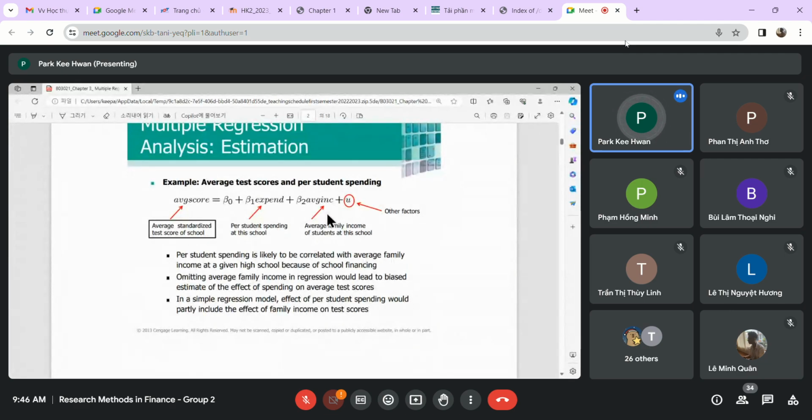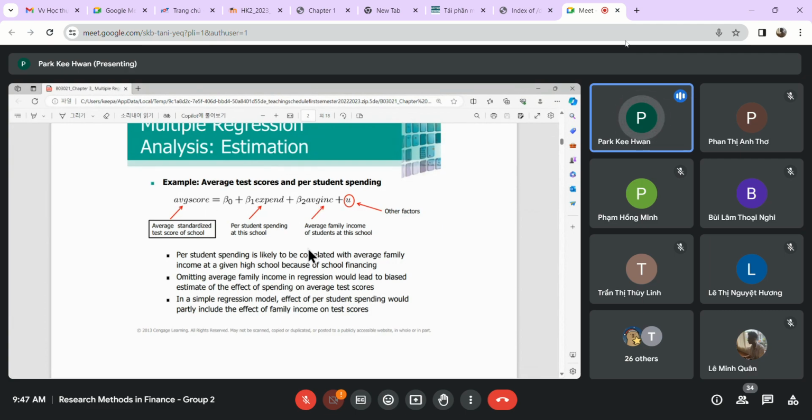In that case, the second variable would be contained in the error term. In that case, you estimate the effect of per student spending on average score, and you don't have the average family income variable in the regression.